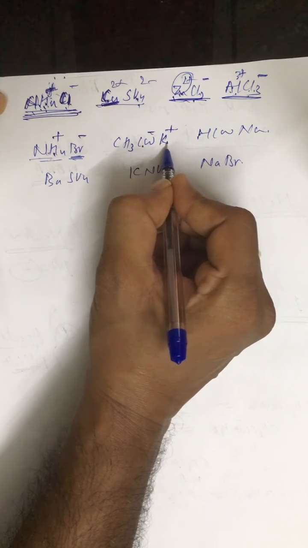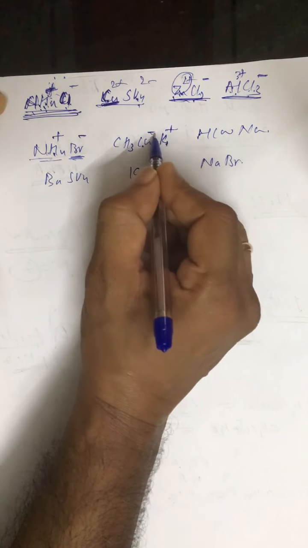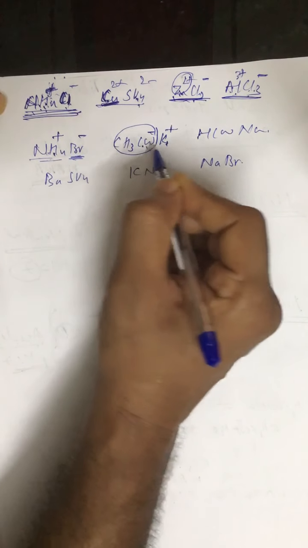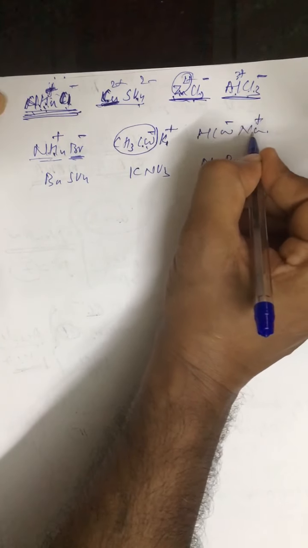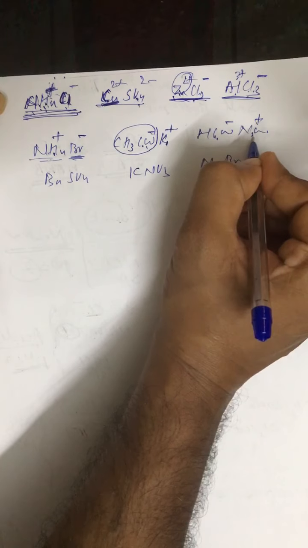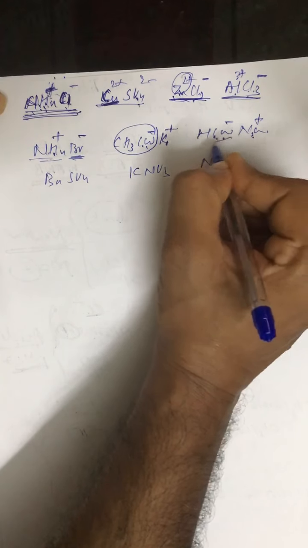Obviously strong base, so solution is basic. And what is the reason of basic solution? Hydrolysis of acetate negative. Na positive comes from NaOH. Formate negative comes from formic acid, weak acid, strong base, aqueous solution basic. Reason hydrolysis of formate negative.